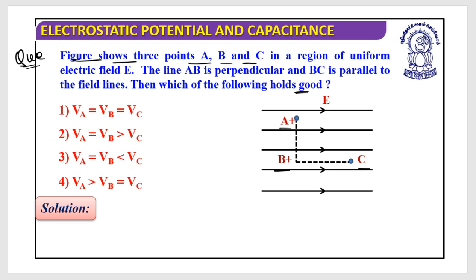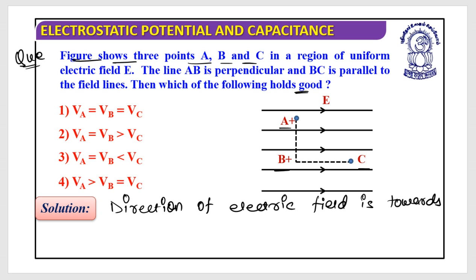So what can we do? If you remember the equipotential surfaces, it says that the direction of electric field is towards the decreasing potential.